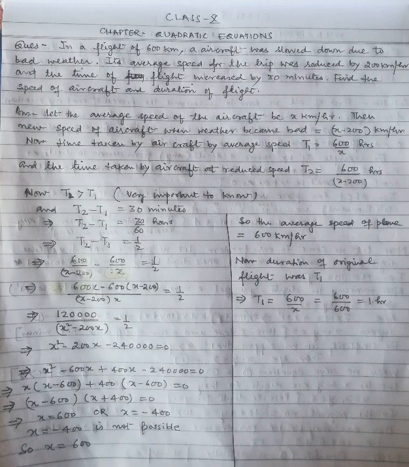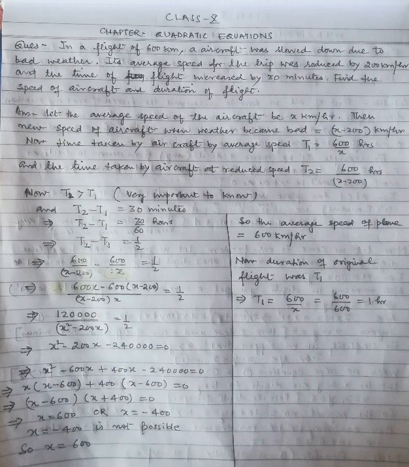Now the rest of the steps are as usual. We take the LCM of x minus 200 and x and calculate the required steps to get the quadratic equation x square minus 200x minus 2440 is equal to 0.